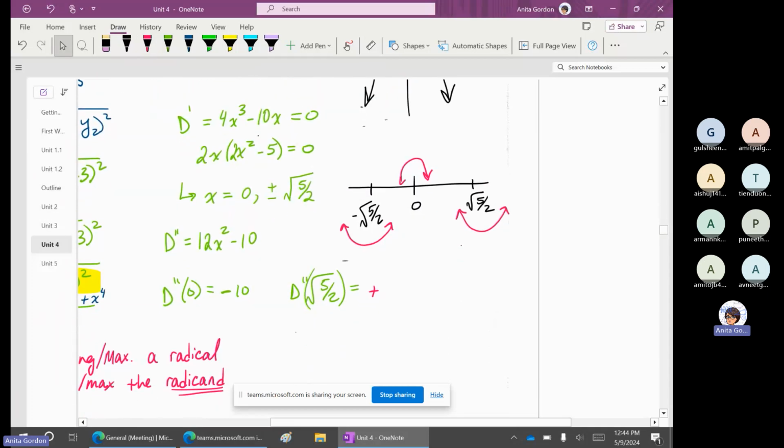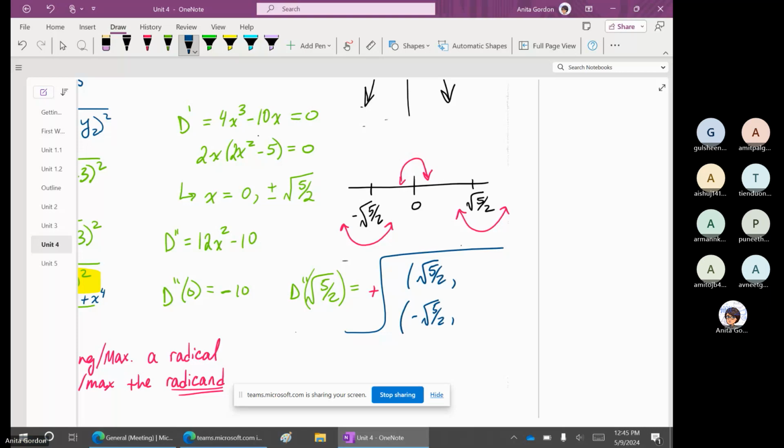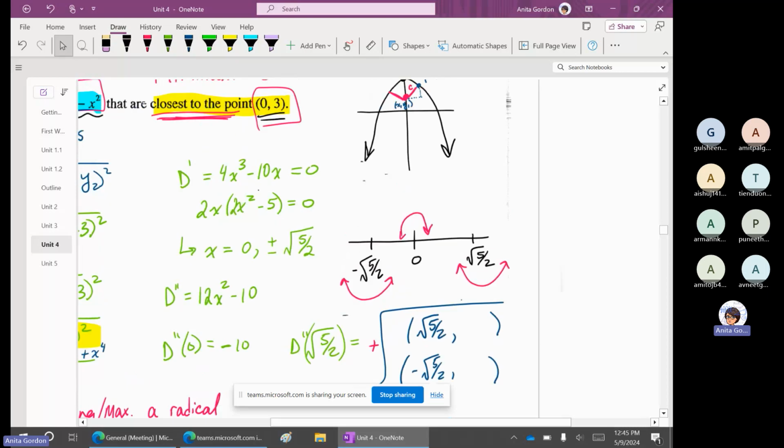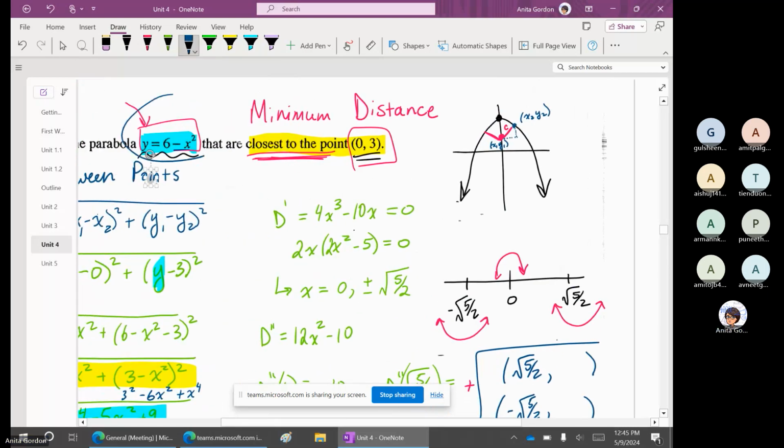So our minimums are located at the points root 5/2, tell me what the y coordinate is, and negative root 5/2. Take those two x values, put them in the original equation. The original equation way up here, right?